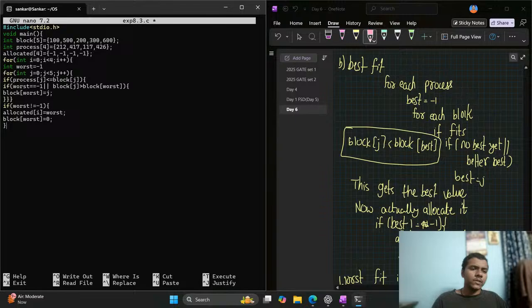Now the if closes, and now the outer for closes.